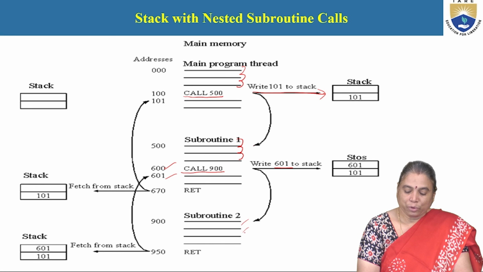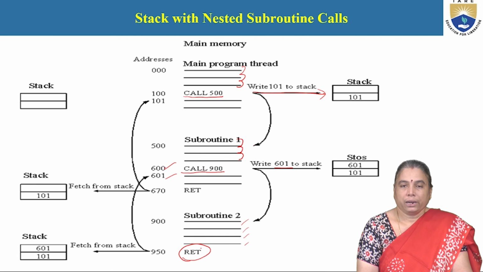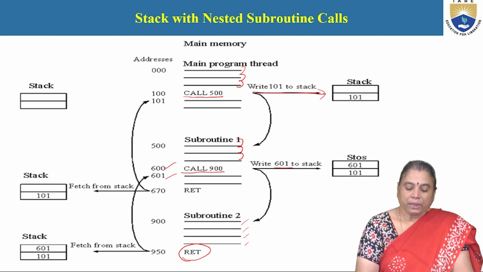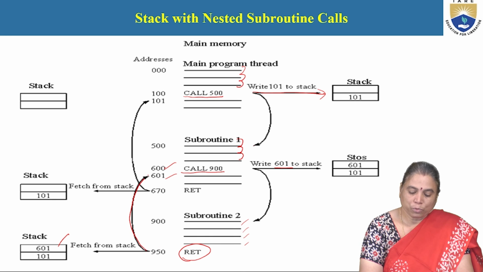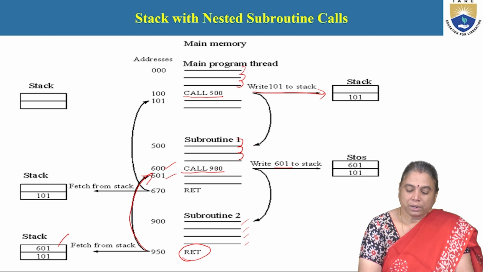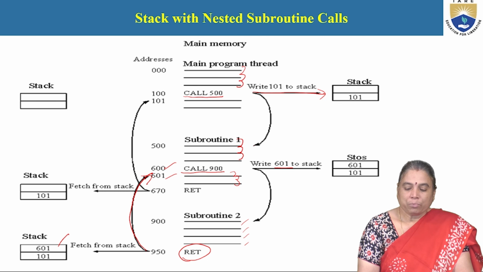So it is executing and at the last it finds the return. Whenever a return is encountered, it has to fetch the return address from the stack. The top of the stack is 601. So the 601 location has to be retrieved from the stack, so that from 950 it moves to 601 and resumes the operation of subroutine 1.